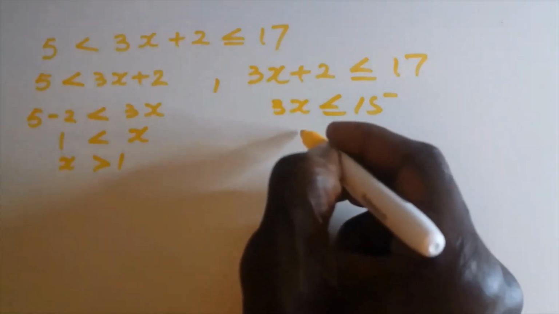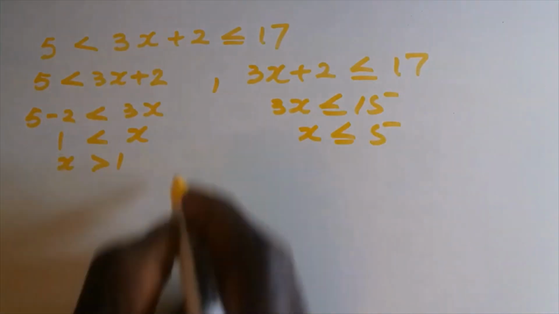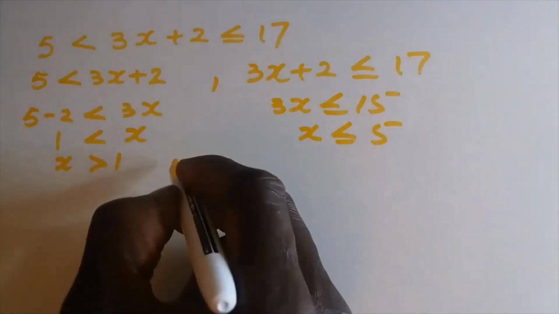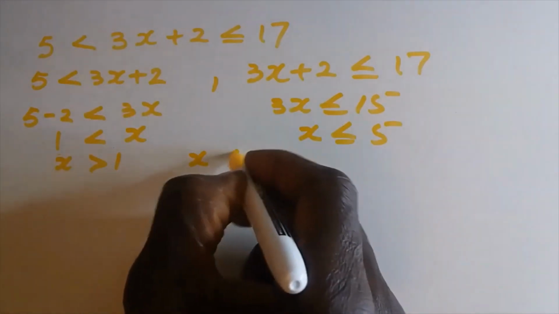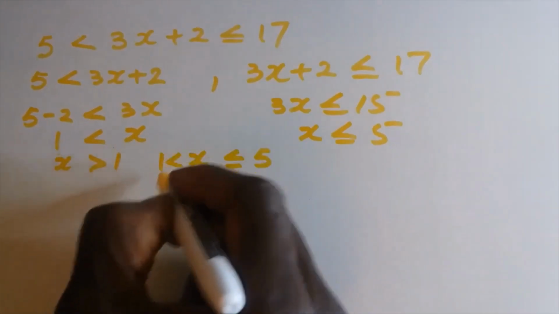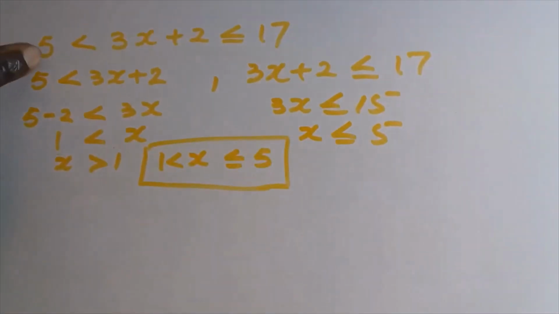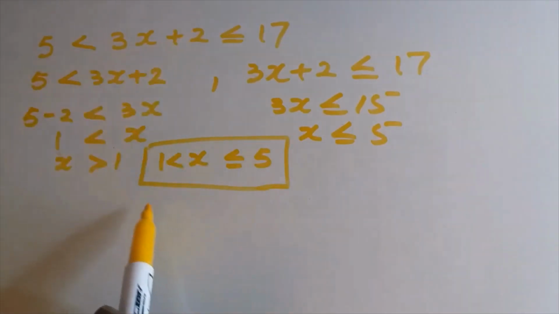So we have here x is less than or equal to 5. So our inequality that we have is x less than or equal to 5, and 1 less than x. So this has been reduced to x greater than 1, x less than or equal to 5.